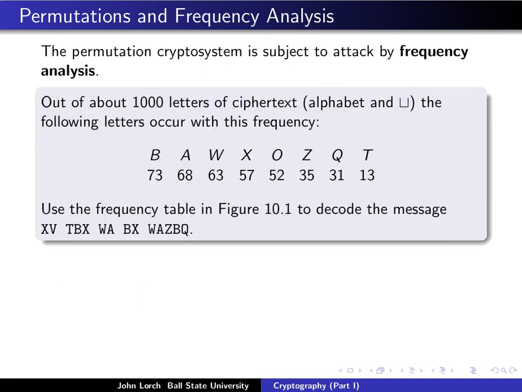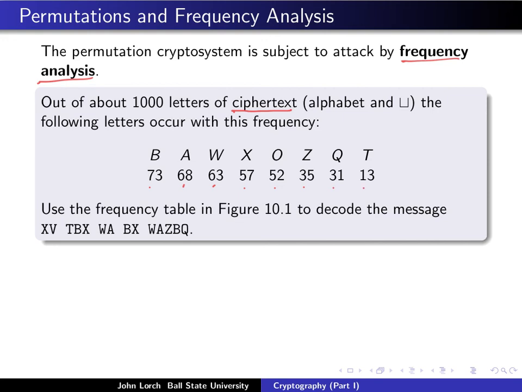The permutation cryptosystem that we discussed on the previous slide might not be subject to attack by exhaustion, but it is subject to attack by something called frequency analysis. So let's suppose our attacker, Eve, intercepts a lot of ciphertext. Maybe she intercepts a whole bunch of this stuff, and she notices that these particular letters, B, A, W, X, O, Z, Q, and T, occur with these frequencies listed below out of 1,000 symbols.